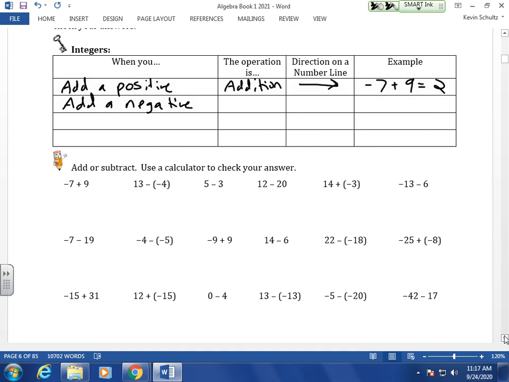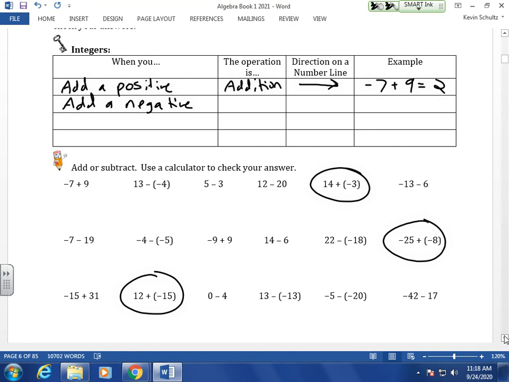That would be an example, one we'll get to in a little bit, subtracting a negative. Which one shows adding a negative? 14 plus negative 3 is adding a negative. 12 plus negative 15, adding a negative. Any others? Negative 25 plus negative 8 is adding a negative. Any others? I think those are the three.